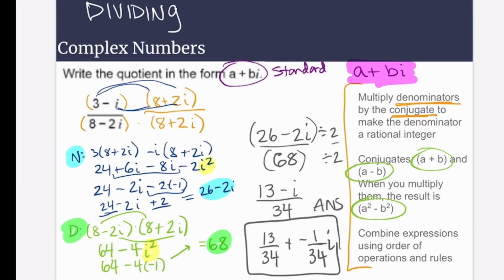So this is how you would write the answer. The other form is equivalent, but you always want to be prepared to write them in different ways depending on the questions you're given.